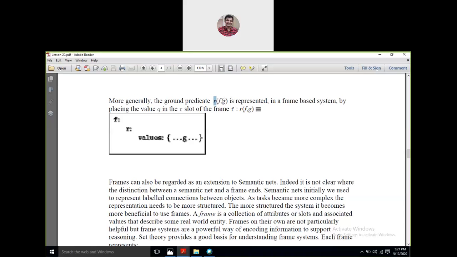And if I am trying to establish the relationship of G with F, then G will be placed at the Rth slot.